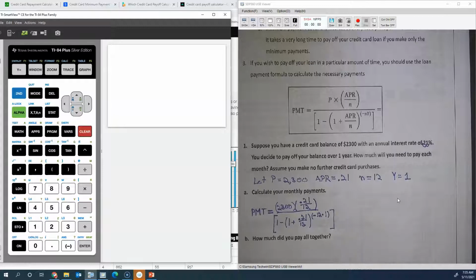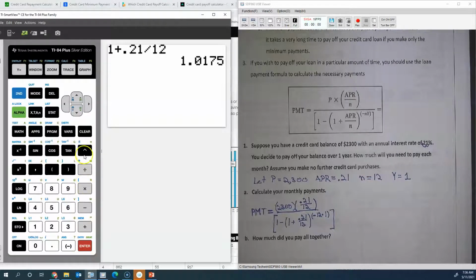So now what we're going to do is run that through our calculator. Let's see. So we start with the bottom. It's just like what we've been doing. 0.21 divided by 12. Enter.